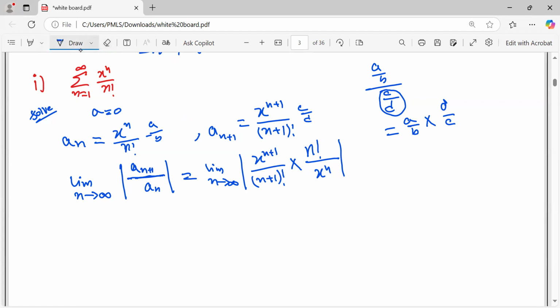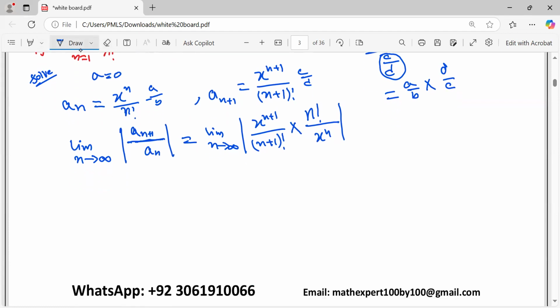So when we cancel out the common terms, we take the limit as n approaches infinity. If we want to write x raised to the power n plus 1, we can write it as x raised to the power n times x, divided by n plus 1 factorial, which equals n plus 1 times n factorial, all over x raised to the power n.